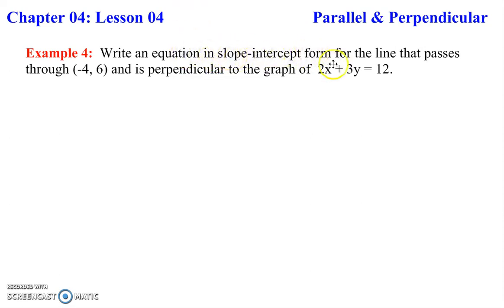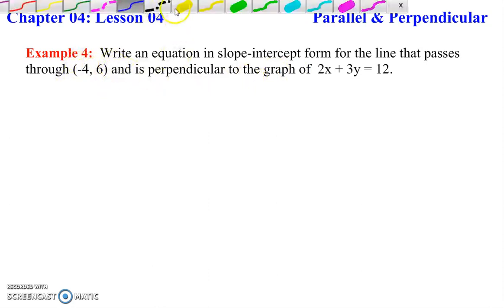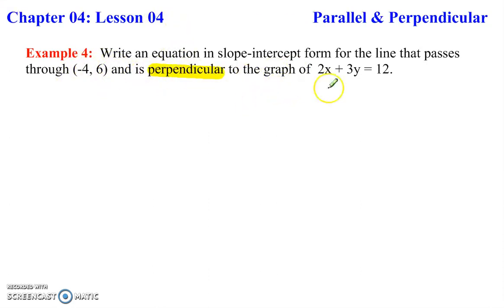Alright, so we want y equals mx plus b through this point, but this time we're talking about perpendicular. Perpendicular to the graph of 2x plus 3y equals 12. This is in standard form. This doesn't show us the slope right away. So what we're going to do is put it into slope-intercept form.